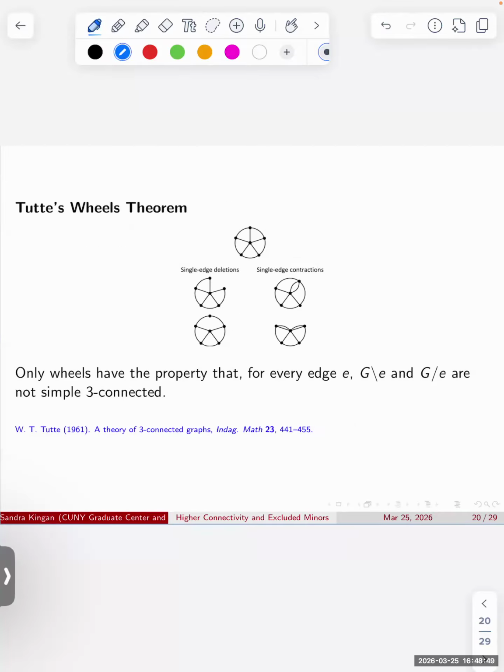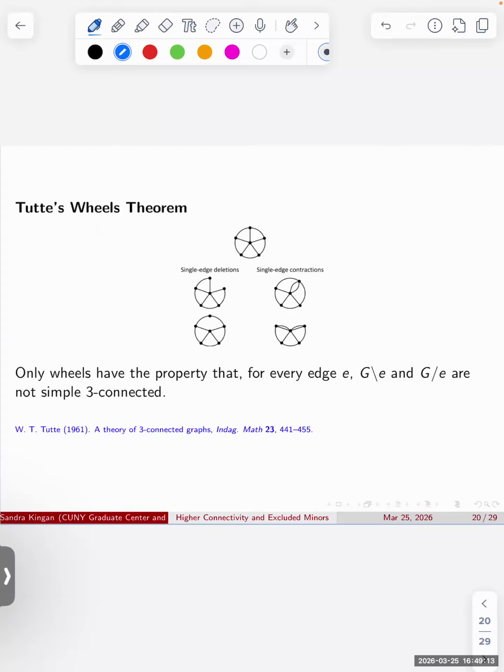Okay, so now let's talk about Tutte's Wheels theorem. This was toward the end of talk 2, and we had many different versions of Tutte's Wheels theorems. And all of those versions play a role in this, so they're all important, but in this summary talk, I have reduced the versions.